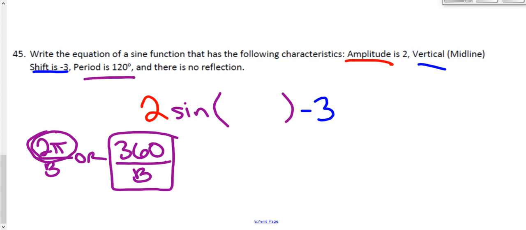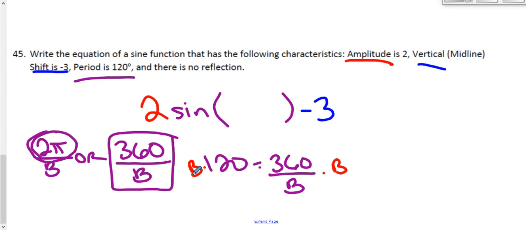So if I want to do the period for this one, the period's 120, so 120 is equal to 360 over b. All I have to do to solve for my b value is multiply both sides by b. So b times 120 equals 360, and then divide both sides by 120.